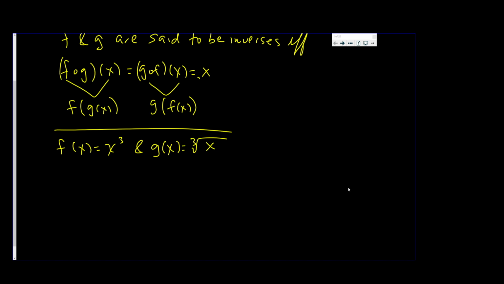Sometimes you can just say yes, of course these functions are inverses. Notice that g of f of x undoes whatever f of x did. That is, you do f of x to something, and then if you do g, it undoes it. That is, you get back what you start with.